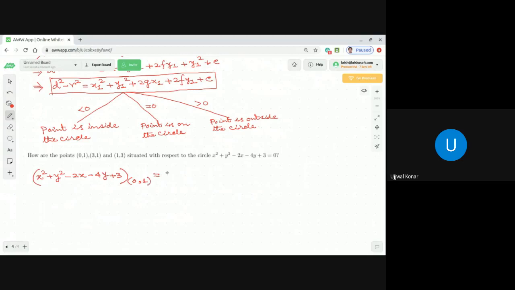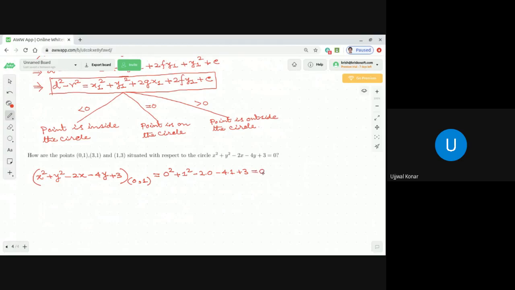That is 0 square plus 1 square minus 2 into 0 minus 4 into 1 plus 3. 3 plus 1 is 4, 4 minus 4 is 0.